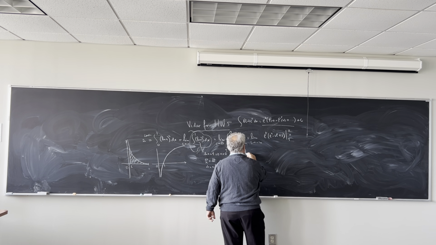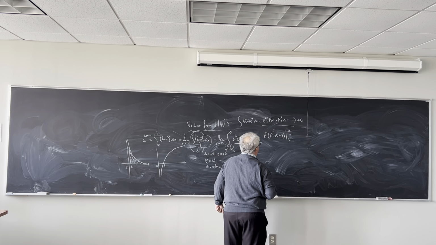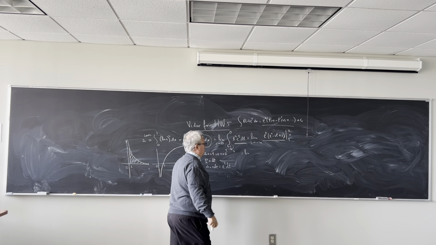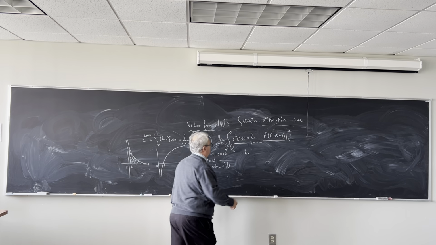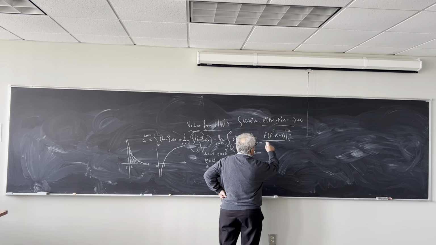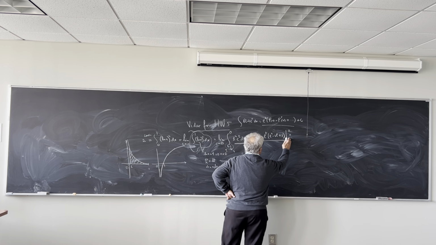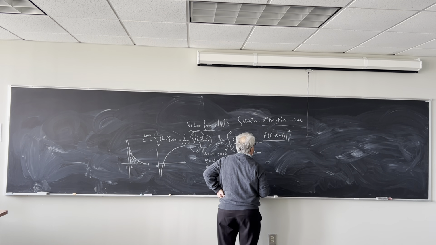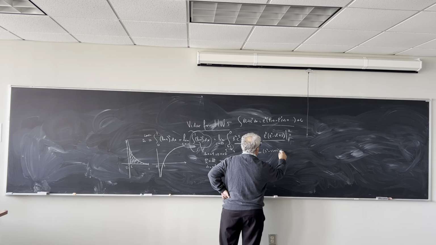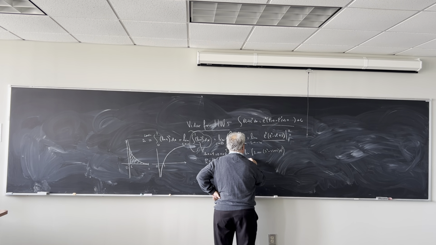When you evaluate this at 0, you get 2. So this is the limit of 2 minus, now evaluate this at s, s squared minus 2s plus 2 times e to the s, as s goes to negative infinity.